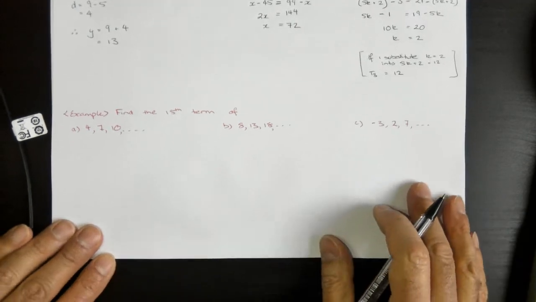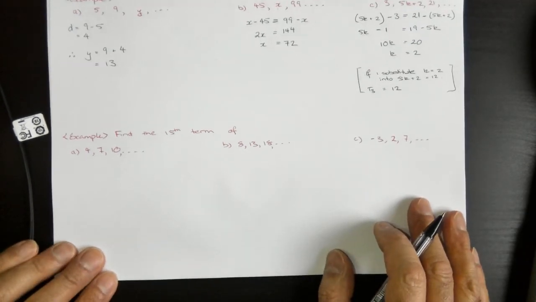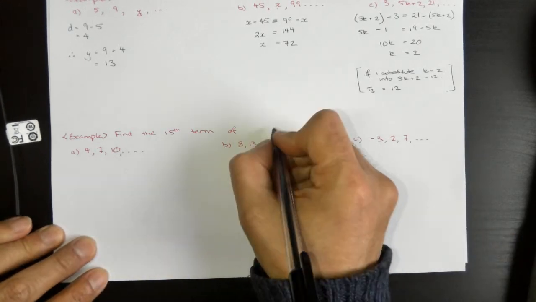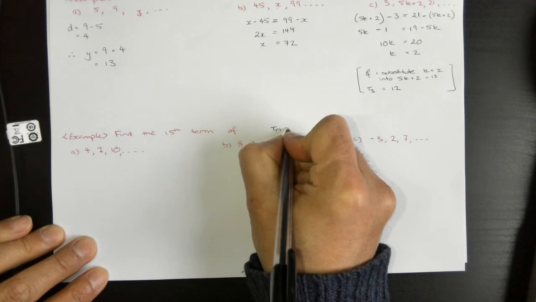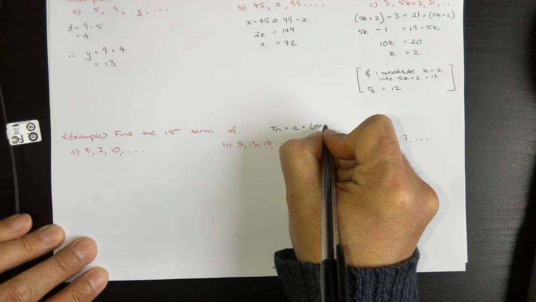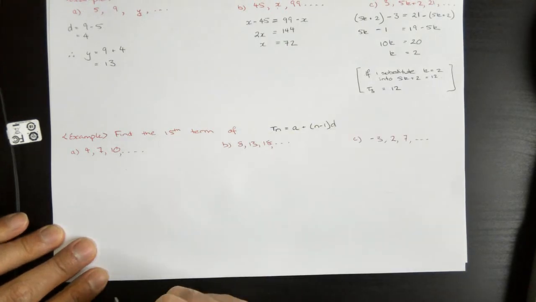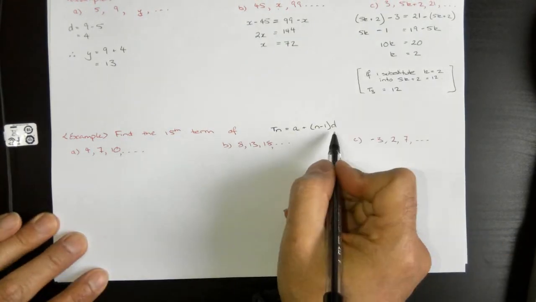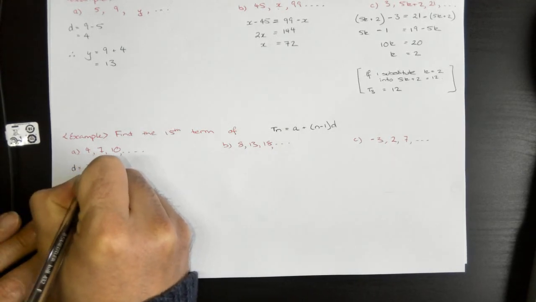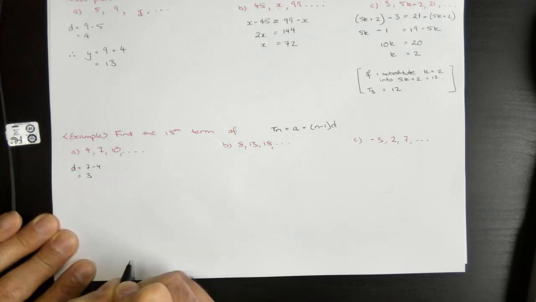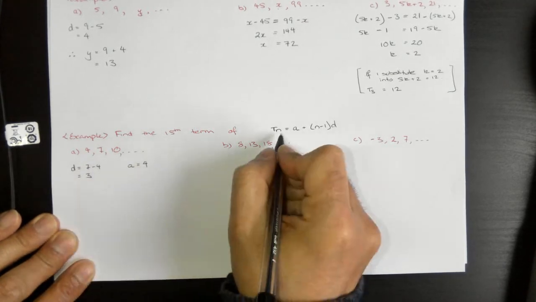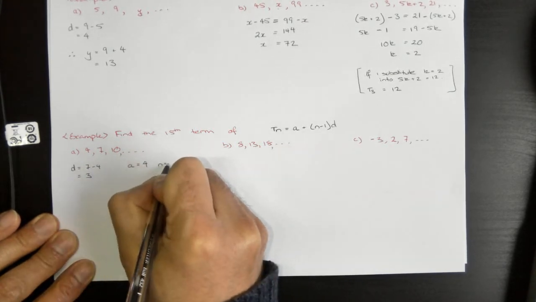We want to find the 15th term of these sequences. I'm going to use the formula that Tn is equal to the first term a plus n minus 1 d. The first thing I need to find out is what d is. Here d would be 7 take away 4, which is 3. a is my first term, which is 4, and n in this situation is 15.